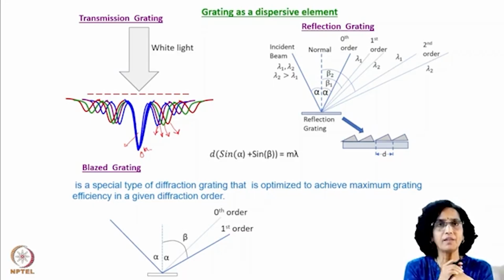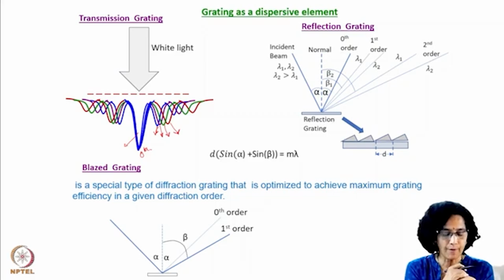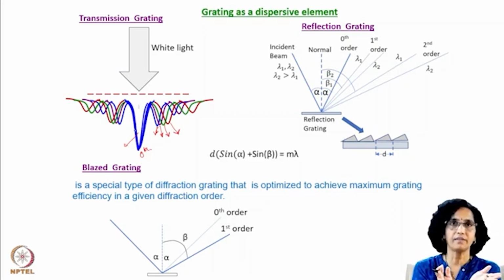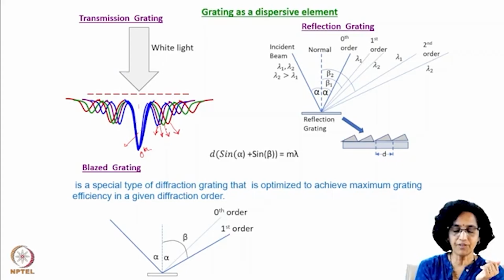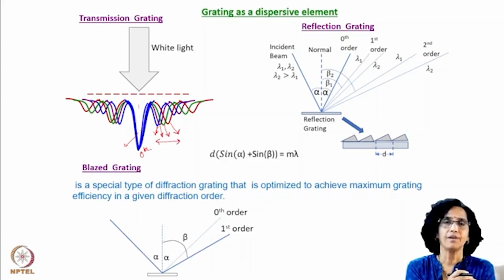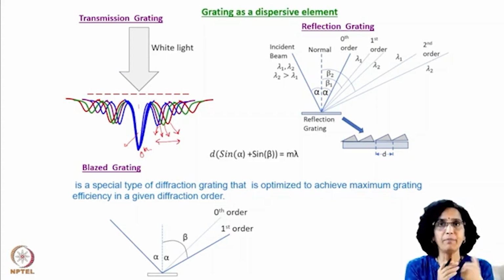So this is called a transmission grating. You must have read about it somewhere or the other. While the central peak doesn't separate the wavelengths, in the first order there is a separation between the wavelengths, and therefore this separation by the grating can be made use of.